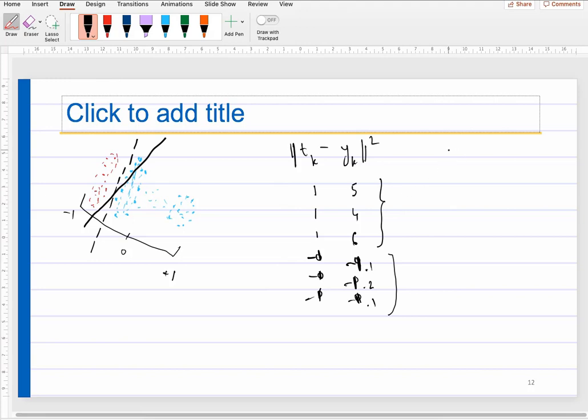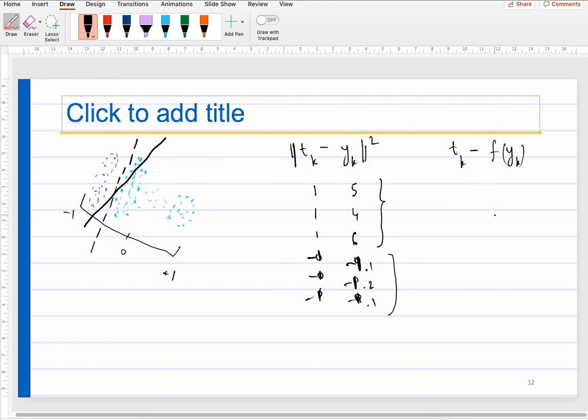But if I design something like this, let us say tk minus some function of yk, it is such that if yk is greater than 1, it is clipped to 1. Can you think of a function which does that? Sigmoid function.